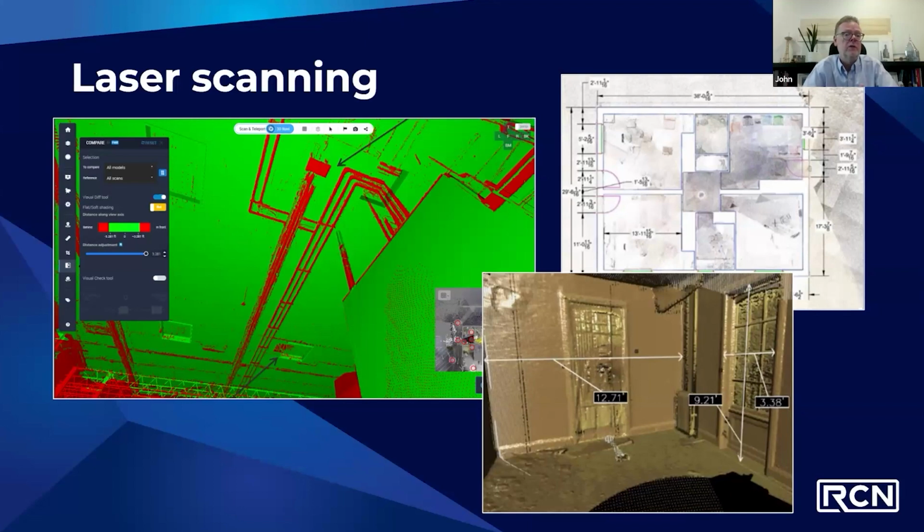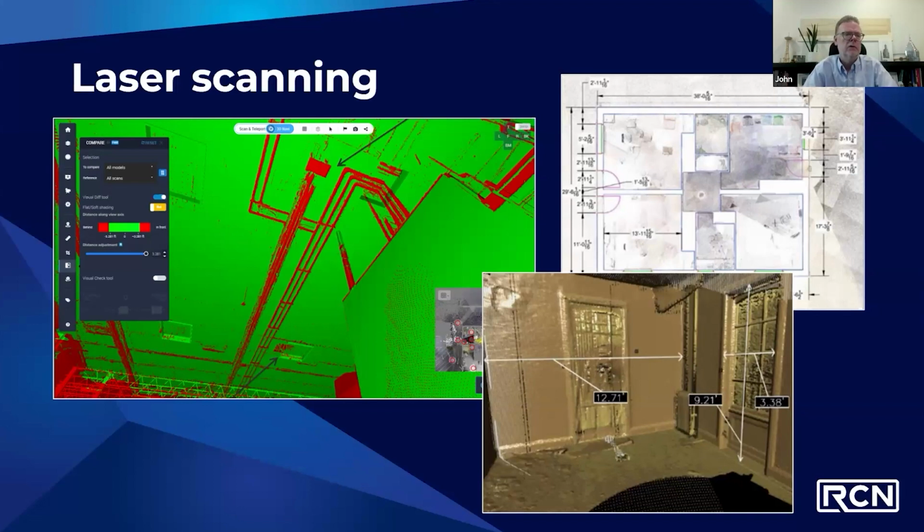More importantly, we can use laser scanning to start to build a time capsule, so to speak, of the construction process. That's incredibly valuable when it comes to understanding what's under the floor, what's out in the parking lot, where those pipes were routed in the wall. Are they over here or over there?